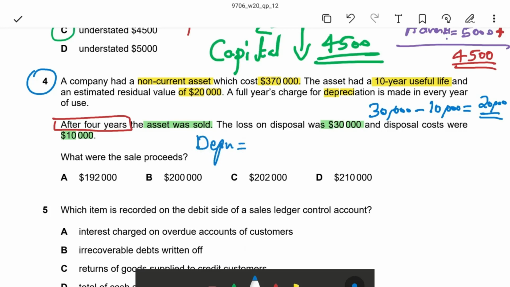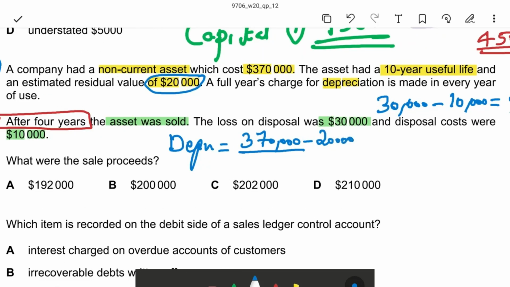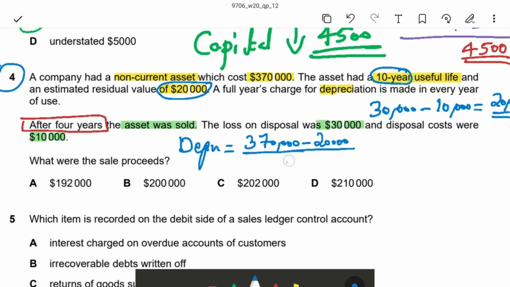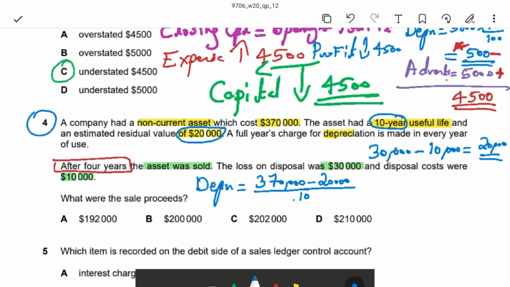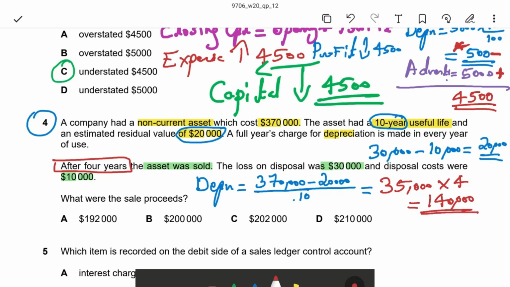Depreciation is 3,70,000 minus residual value 20,000, divided by 10 years useful life. So 1 year depreciation is 35,000. Four years depreciation is 1,40,000.